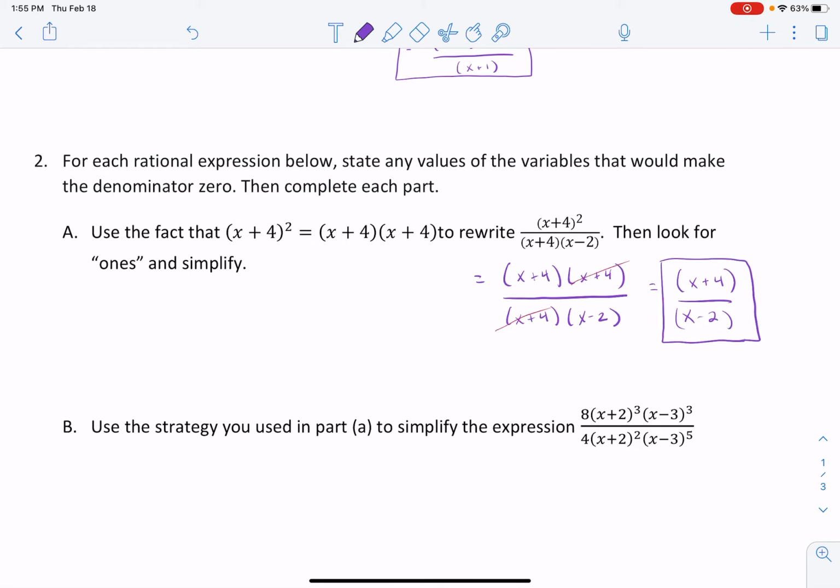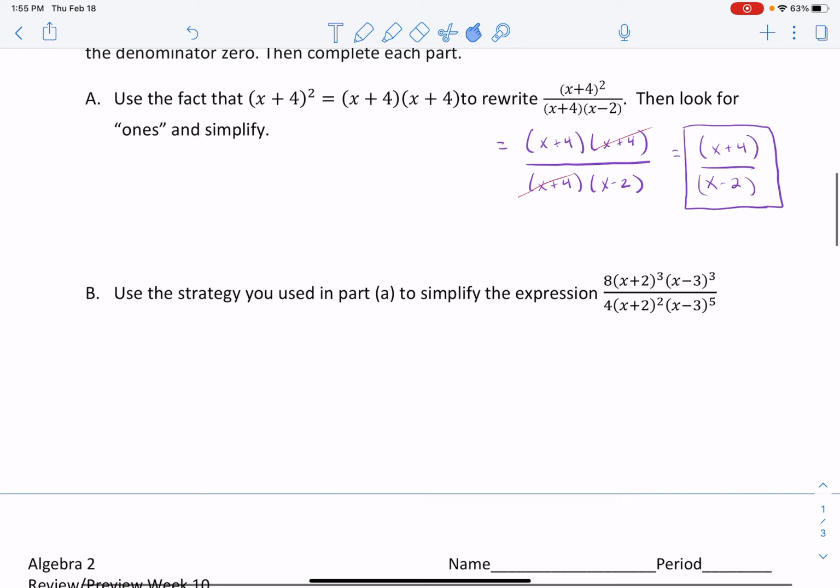Okay, so looking at part B, it says use that same strategy to simplify this expression. So we have 8 times x plus 2 cubed times x minus 3 cubed all over 4 times x plus 2 squared times x minus 3 to the 5th power. I think one of the easier ways to look at this one is kind of like we did in the last part and in a question before. Let's go ahead and change this to be 8, and then let's write them all out.